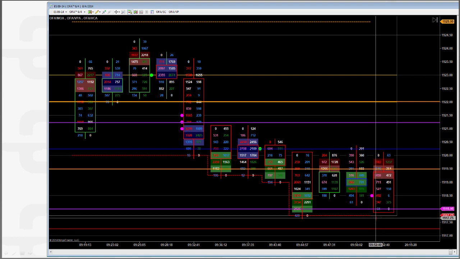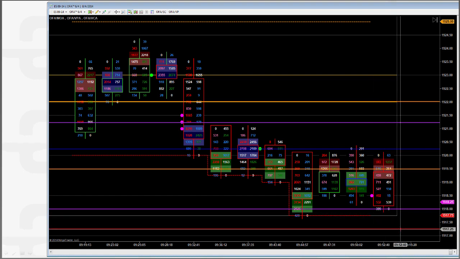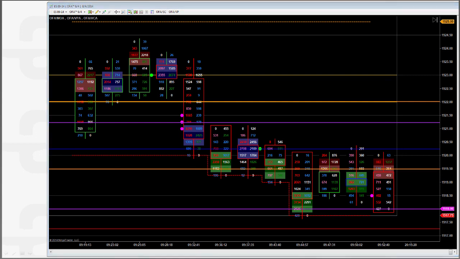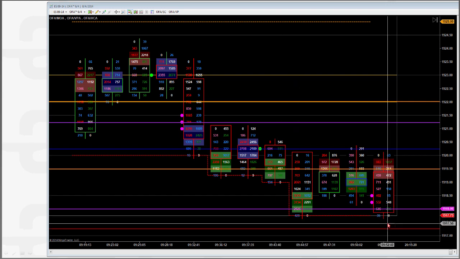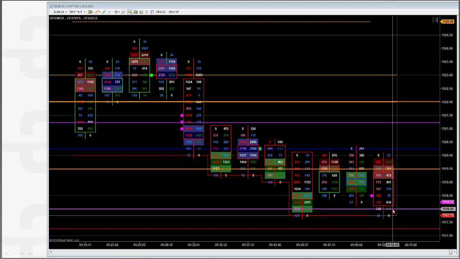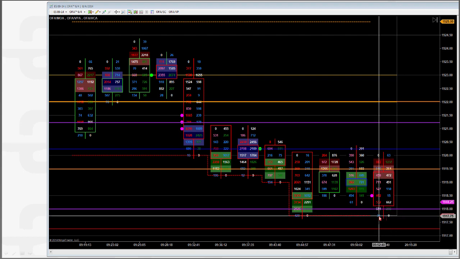I also have a low volume area at 17.25, which I believe had some relative importance from Friday. 17 to 17.25.